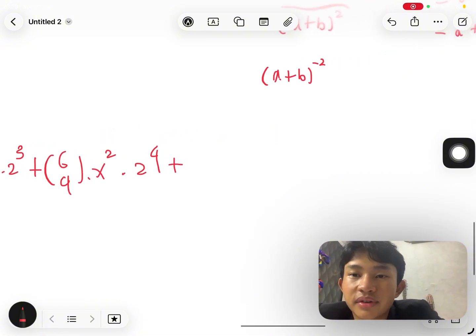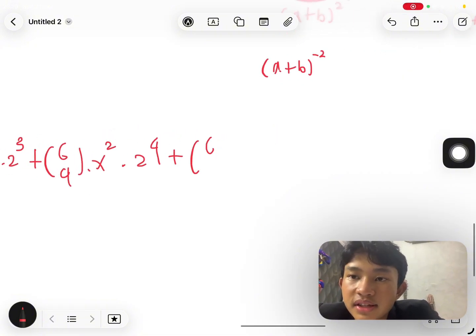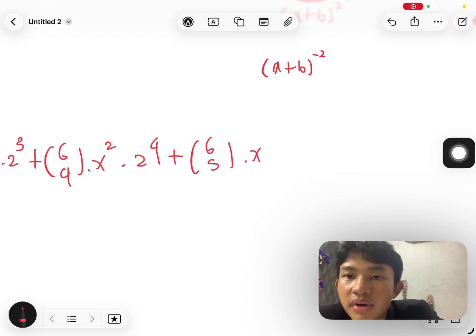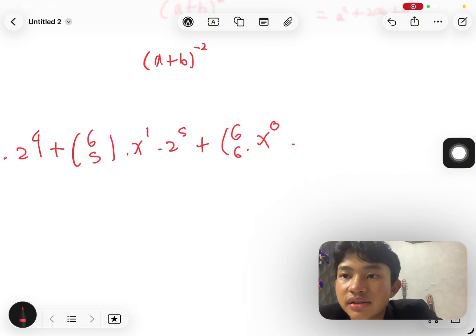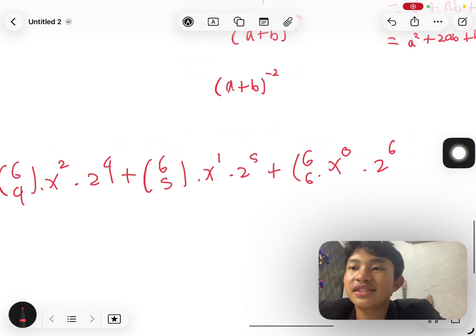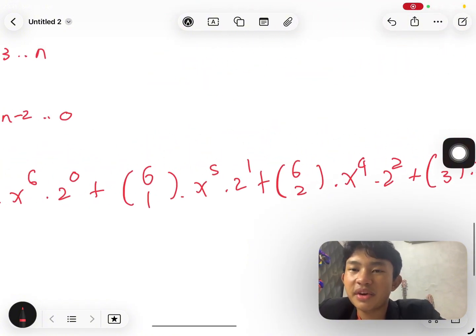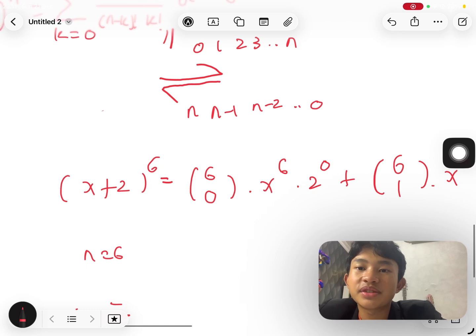Now for the fifth term, we have 6 choose 5 times x to the power of 1 times 2 to the power of 5, and then for the final term, we have 6 choose 6 times x to the power of 0, or just 1, times 2 to the power of 6. This is the full expanded version of (x + 2) to the power of 6.